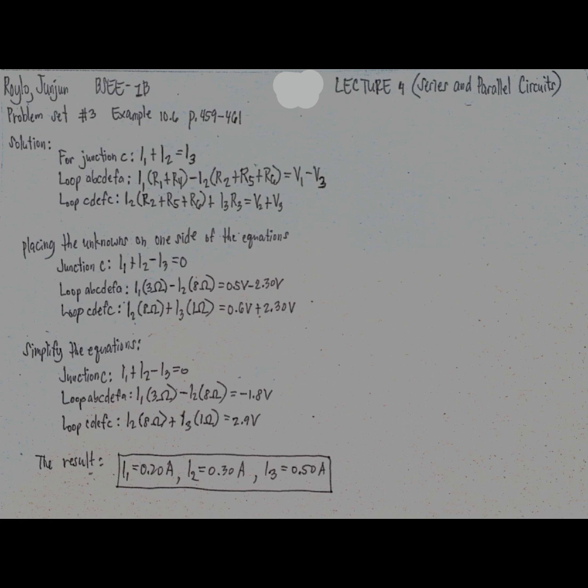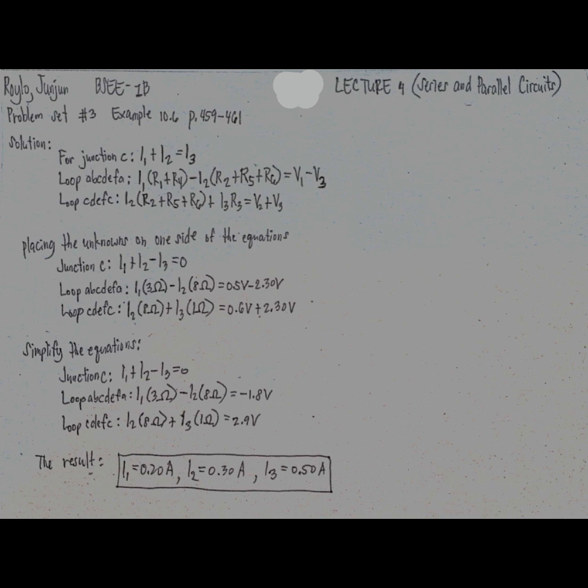So junction C: current 1 plus current 2 equals current 3. Loop EBCDEFA: current 1 times R1 plus R4 minus current 2 times R2 plus R5 plus R6 is equal to V1 minus V3.